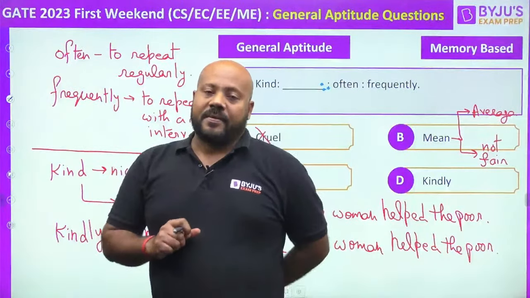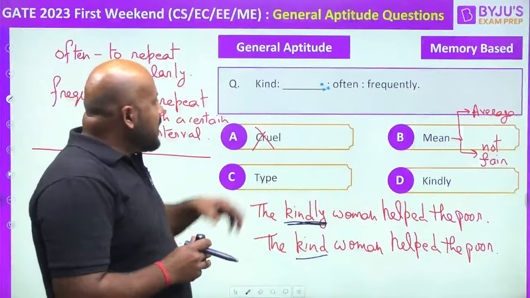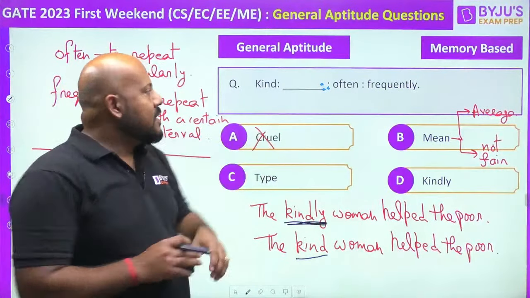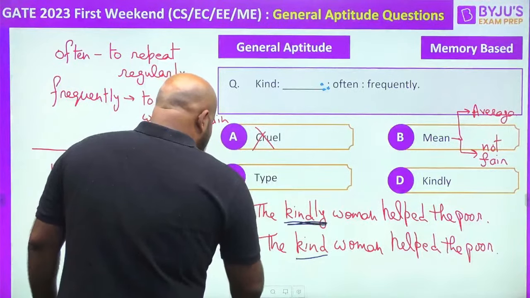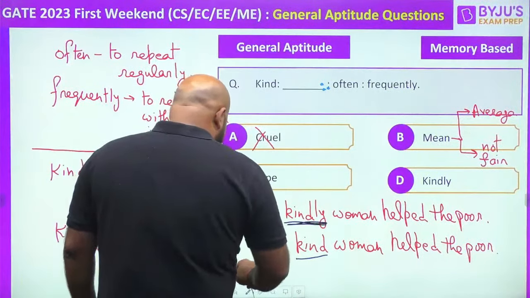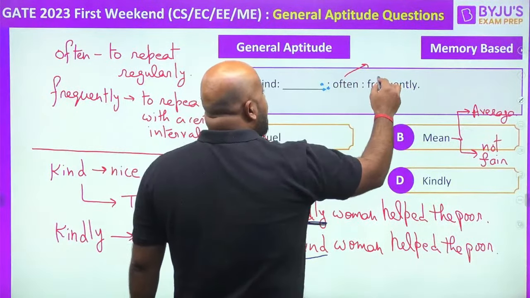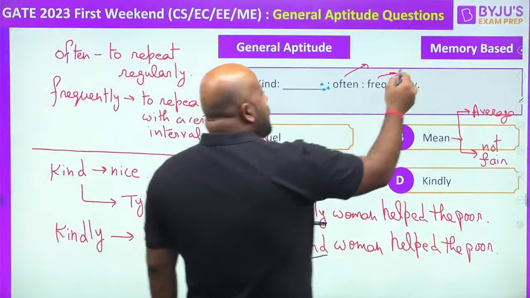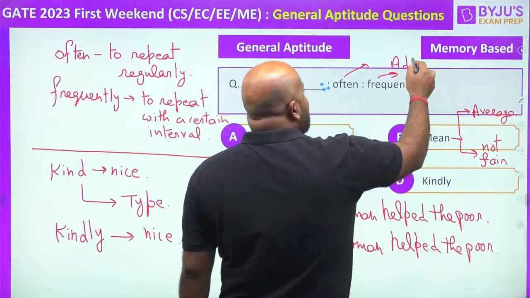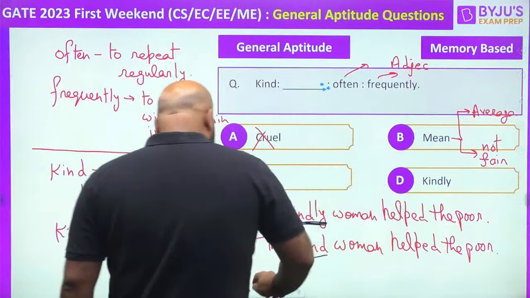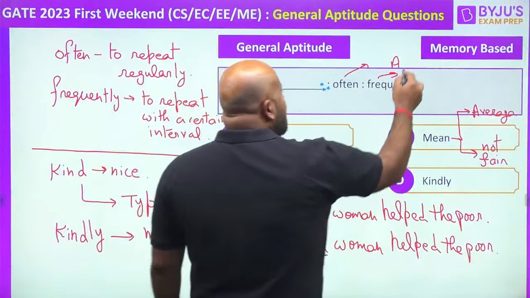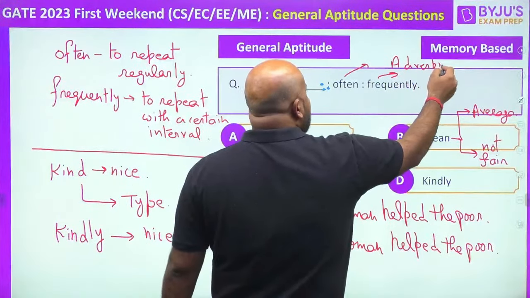One more dimension. When you see this category of questions, you also have to check, suppose this particular word, often and frequently, these both are adverbs.